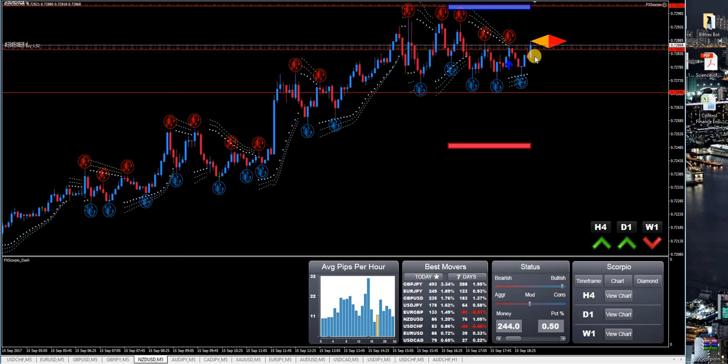Couple more ticks down and we will be out of that trade for a +1, which obviously is not what we would be hoping for. But when we see these stop signs, we have to act accordingly.